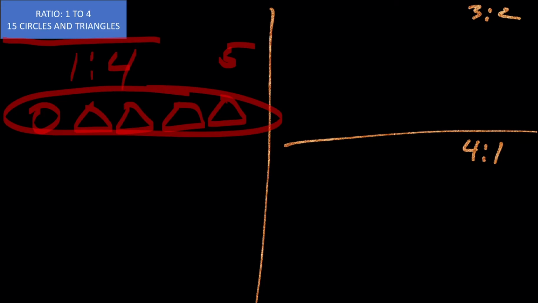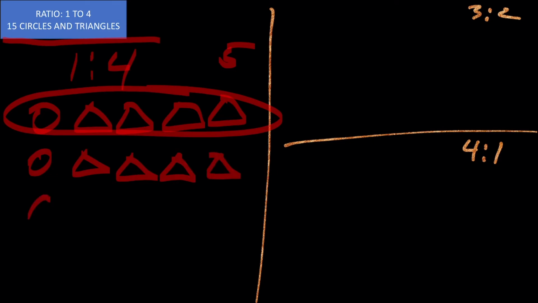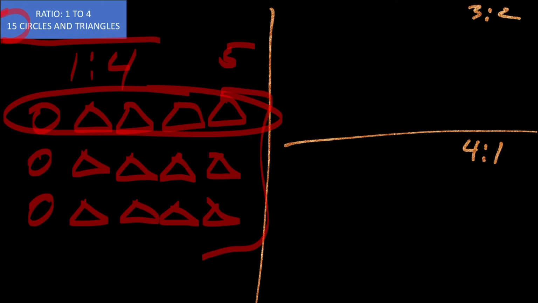So I'll just keep going actually. Here we go. And that's 15 in total. The 15 is the total shapes, so I just made sure I made groups that would equal that amount.